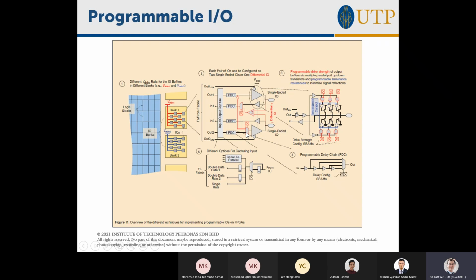You can also specify the delay of this output to the pin, how long it takes to go out to the pin. This gives some level of control if you want to synchronize the output pins. And you can also specify whether the input is going to be parallelized, because sometimes you have serial input, like from an I2C bus or an SPI bus.